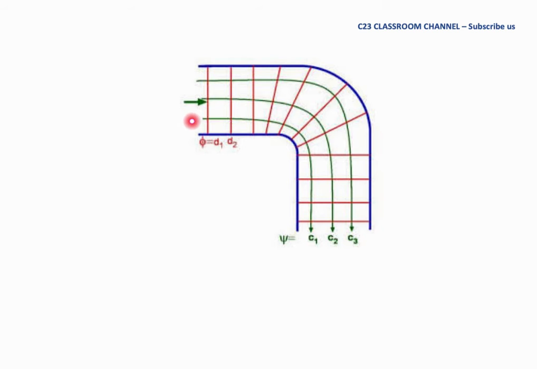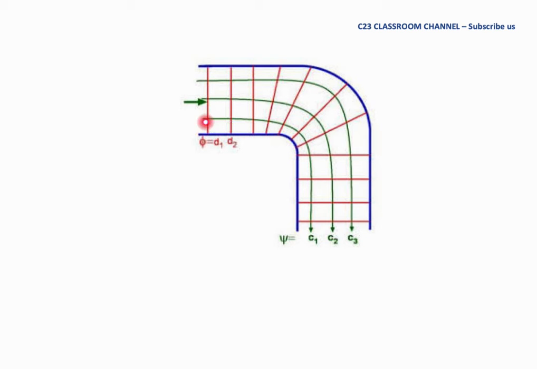So again, if we have a pipe here, for sure the streamline or the flow rate that actually exists in the pipe is from the top to the bottom like this. So this line here must be the streamline, and we will learn how to get its stream function later on. And the phi here, the velocity potential, must be perpendicular to the streamline.